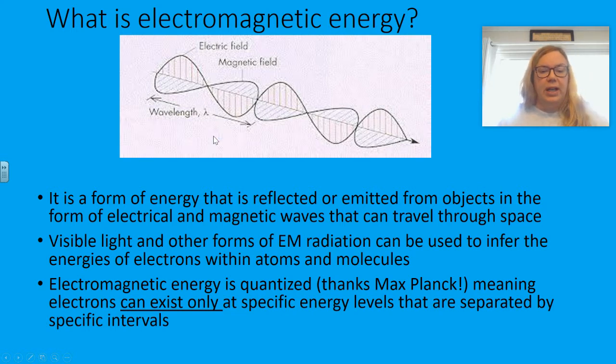For visible light and other forms of electromagnetic radiation, what we use them for in chemistry is to infer the energies of electrons within atoms and molecules. So we're looking at how those electrons are moving. And if you remember back from atomic structure history, we've talked about Schrodinger, de Broglie, Heisenberg.